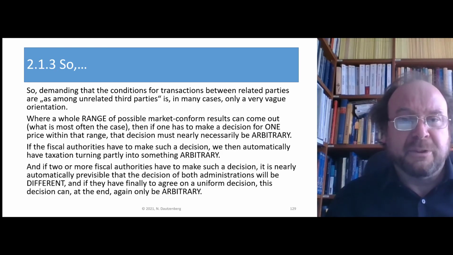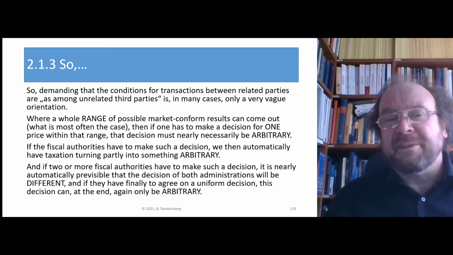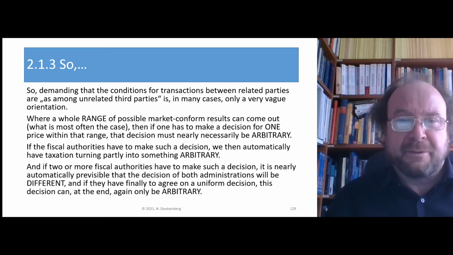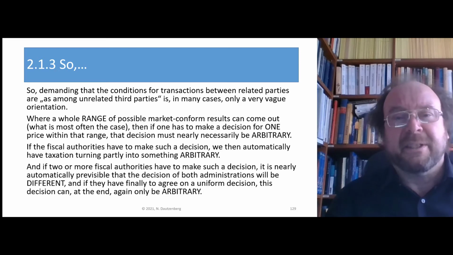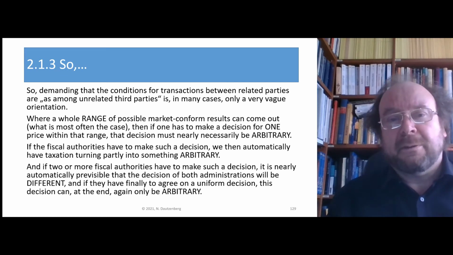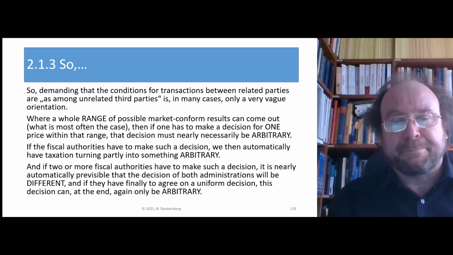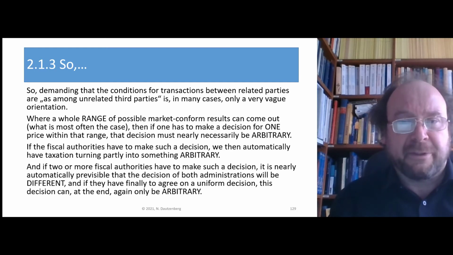You chose the solution which you, for different reasons, liked most. And if there is even a second fiscal authority involved, which is always the case in cross-border cases, then the second fiscal authority will also develop a view on what would be the best market price, and that view will differ from the other two views, and that will also be arbitrary.